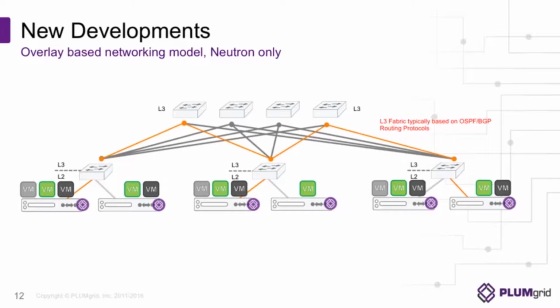For example, if you were to use a VLAN model, you're limited to less than 4,000 different VLANs. If your installation is big, you'll run out of VLAN IDs pretty quickly. With an overlay-based model, you get a lot more.